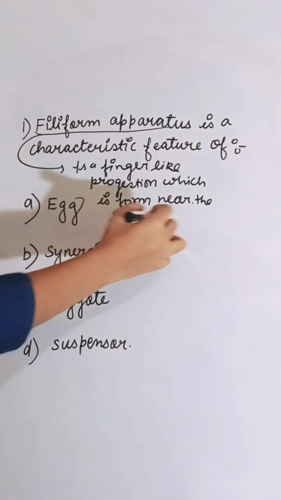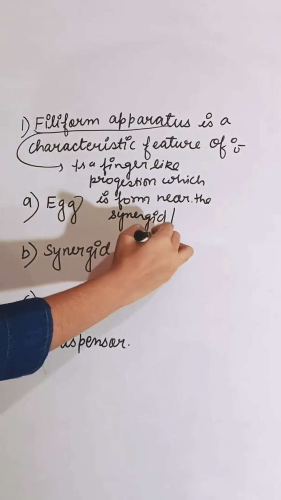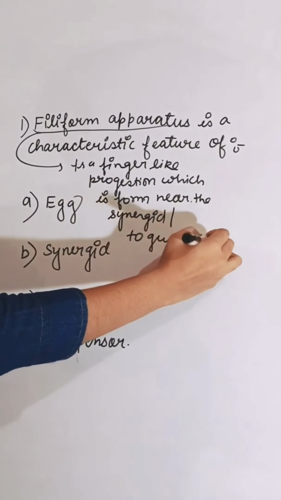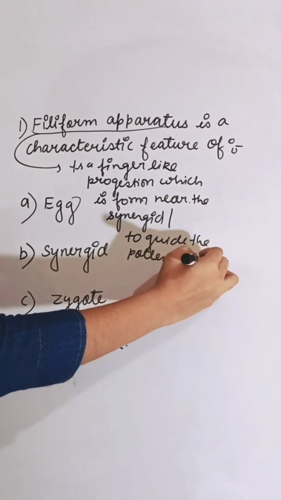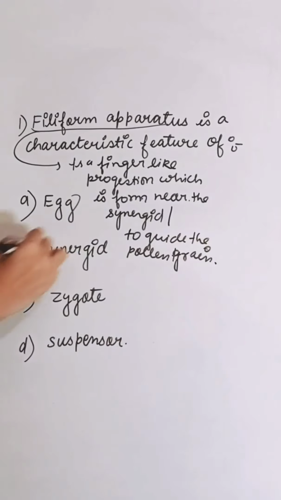And the function of filiform apparatus is to guide the pollen grain. So the correct answer is B.